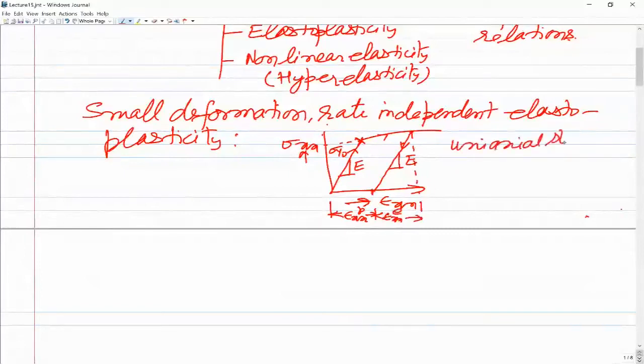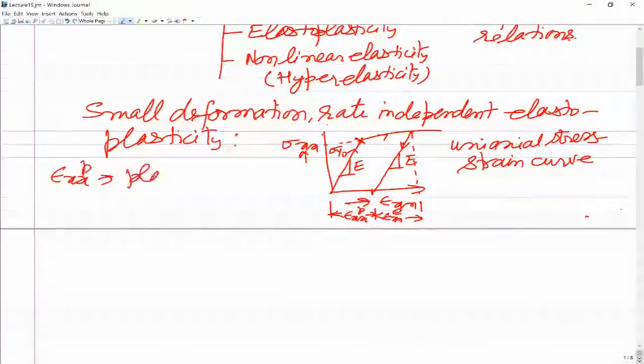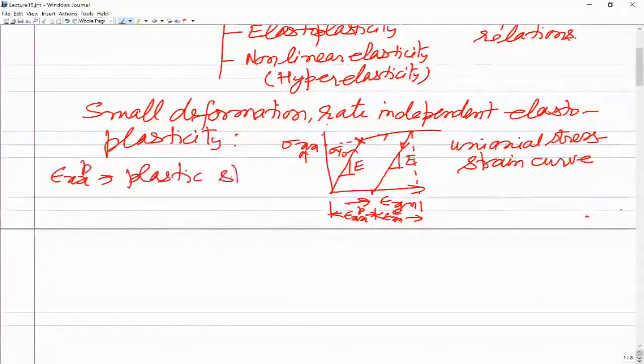The total strain at this point is, let us say, epsilon xx. That epsilon xx gets divided into two parts: epsilon xx p is the plastic strain, that is the permanent strain, and epsilon xx e is the elastic strain.